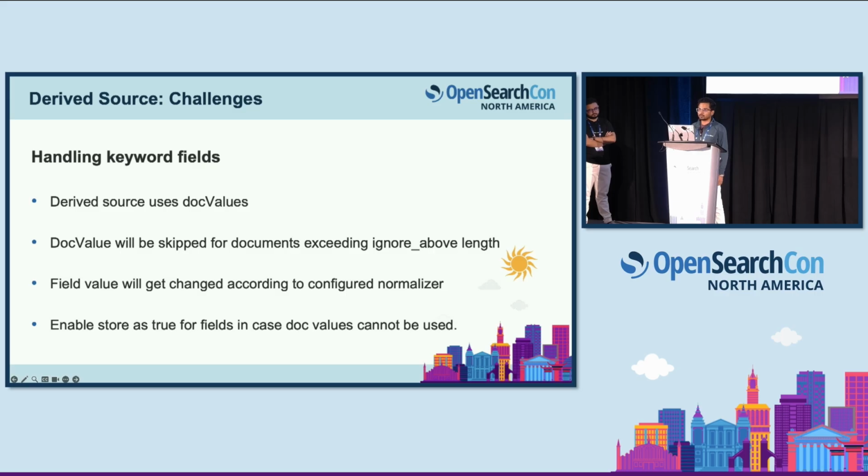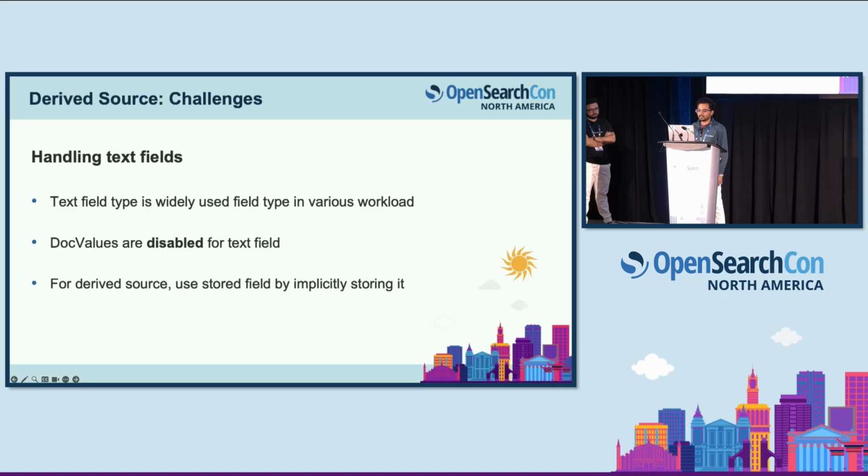Now let's talk about the most commonly used field, which is the text field. For the text field we know that doc values are disabled by default, because it doesn't make sense to have doc values for a text field, given that we don't support aggregation or sorting based on text field, and it's only based on terms aggregation.